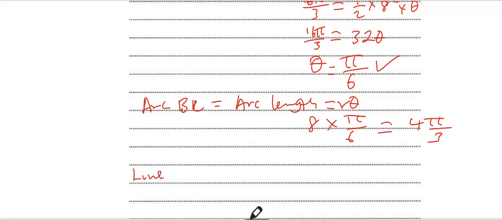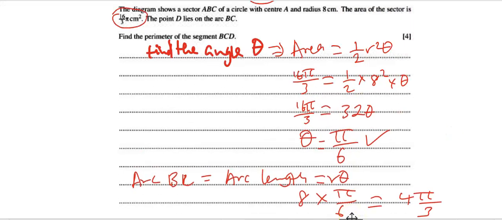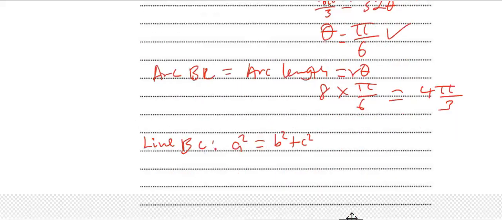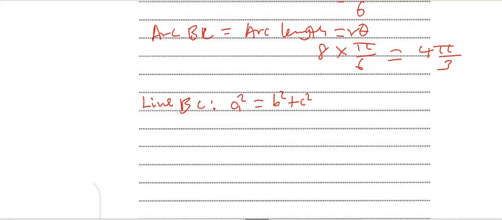For the line BC, by the cosine rule, we can use a squared equals b squared plus c squared, as in Pythagoras' theorem. But remember, here it contains an angle theta, so we are going to include that angle. So it is minus 2bc cosine of A.